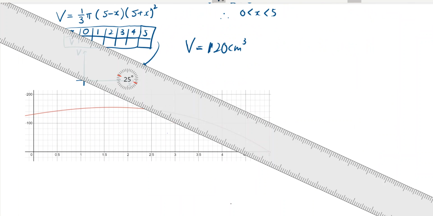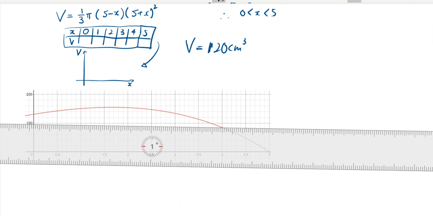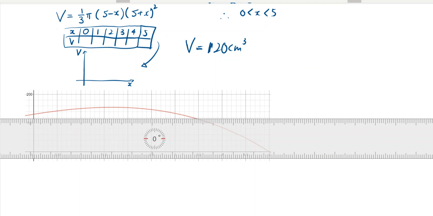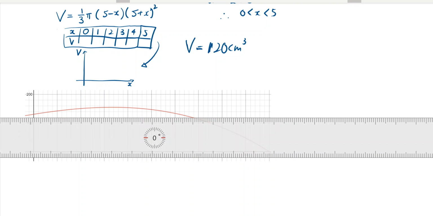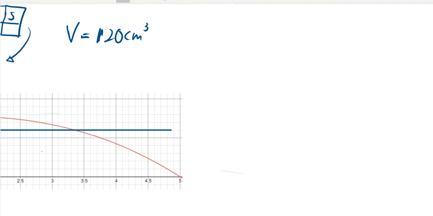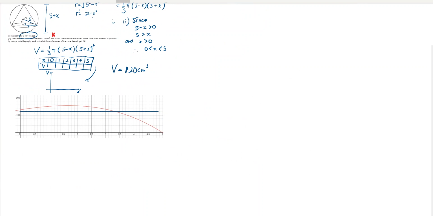Take your ruler, measure 120. So 2, 4, 6, 8, 10, and that would be here. We draw a line, and this is where V is equal to 120.